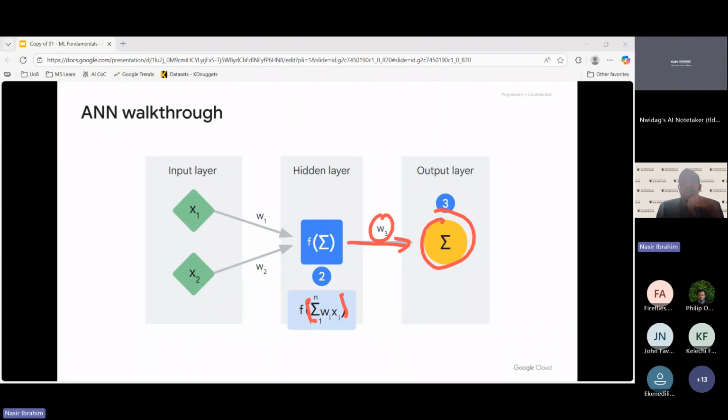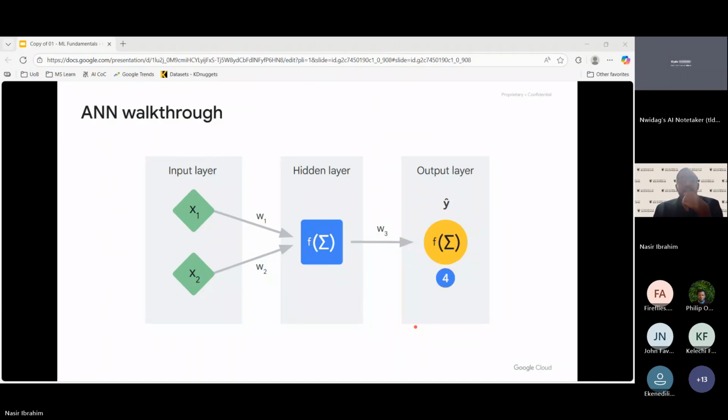So this computation continues to happen until you have all of the neurons and all of the outputs as well. Now, the activation function is applied both on the hidden layer as well as on the output layer. And again, it is the weighted sum.